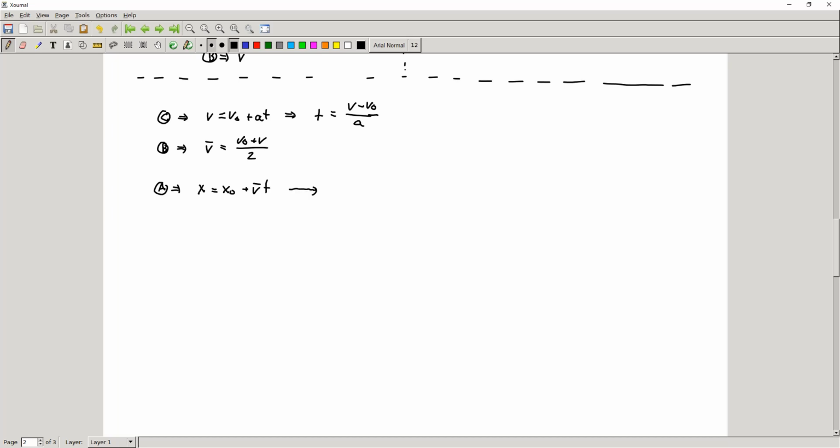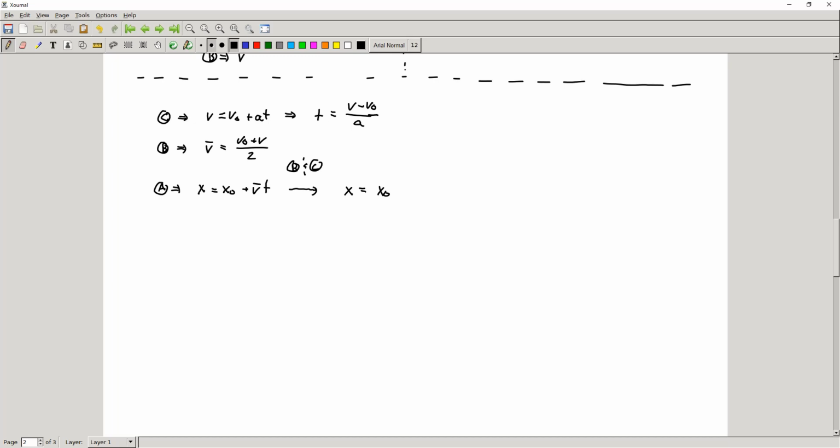So substituting B and C in here gives us that x is equal to x naught, and so we have our V bar here.